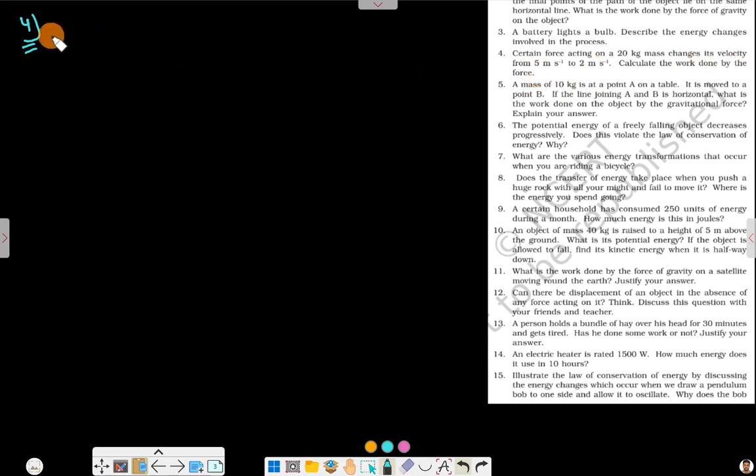So here the mass is mentioned as 20 kg. The starting velocity is 5 meters per second. The final velocity is 2 meters per second. We have to find out the work done by the force.